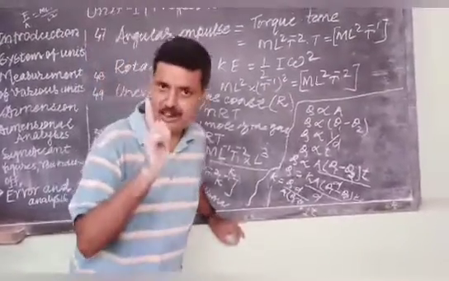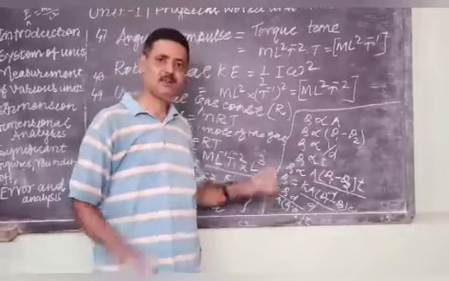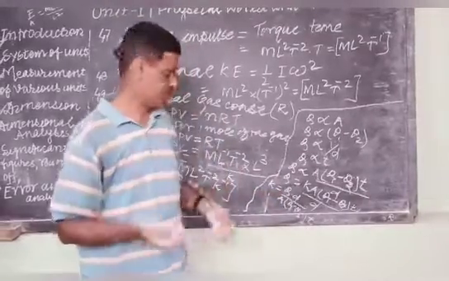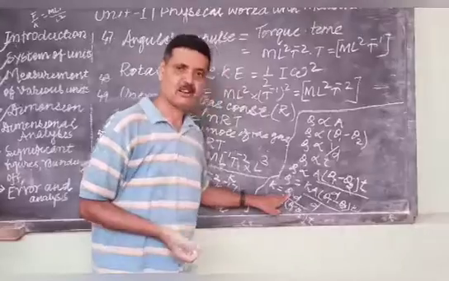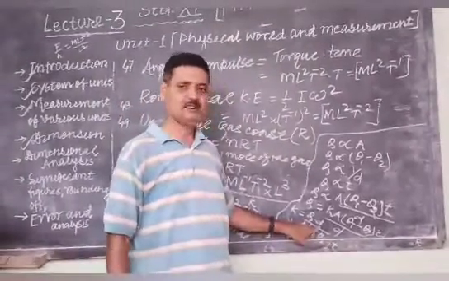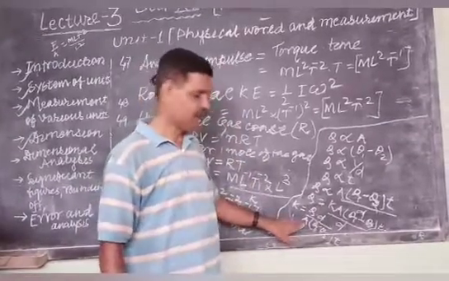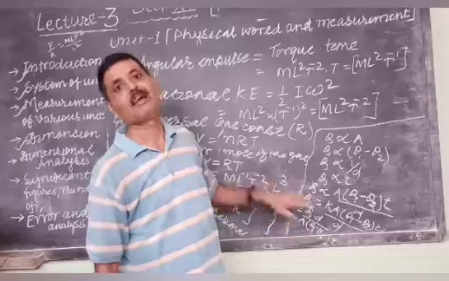This is the single homework given to you. Q means amount of heat, and I am giving you the answer orally. Q means m l square T minus 2, equivalent to heat. D is the thickness, L. You have to put A, area, L square.